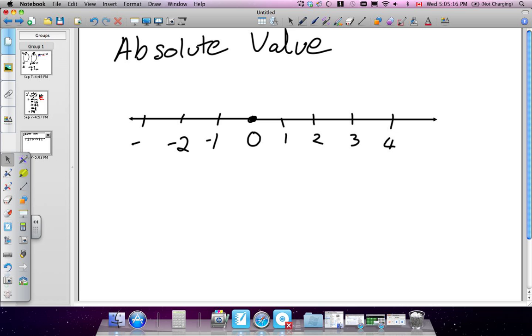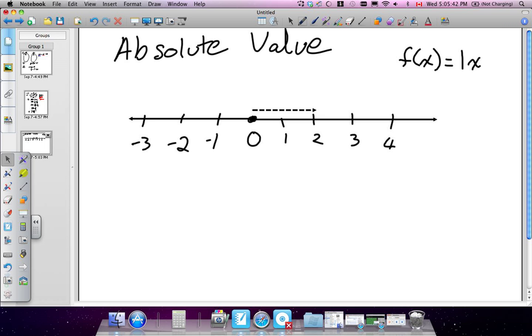So say we're at the number that represents positive 2, right? When they give you a function of absolute value, it might look like this: F at X equals, and this is how they represent it, two straight lines beside it. That means absolute value of X. So in this instance, if our input, our X, is positive 2, I plug that into the equation and my output is also going to be positive 2.